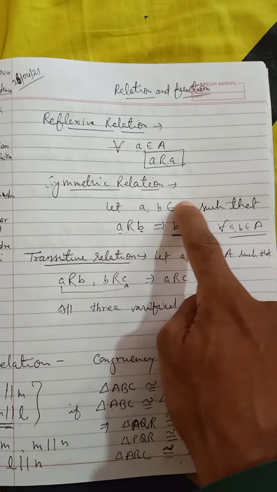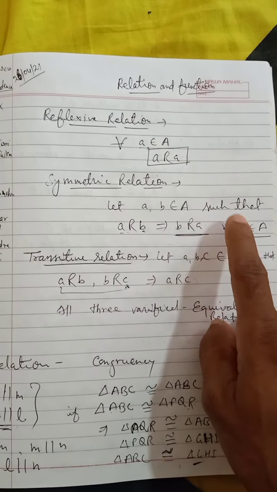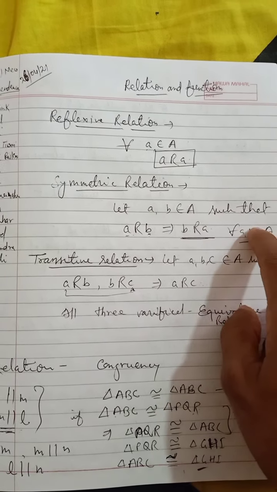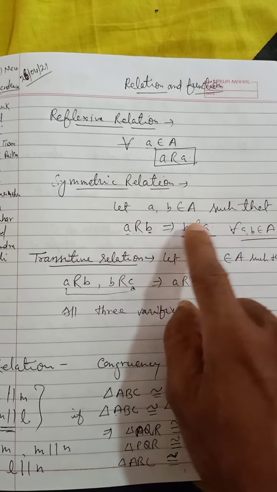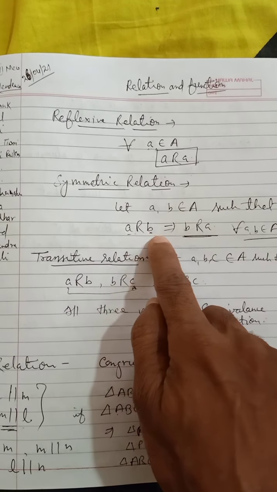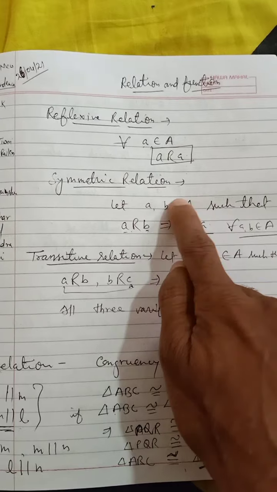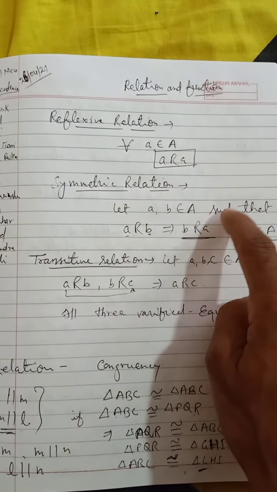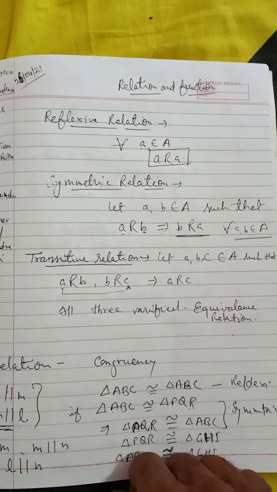When it is verified, then it is said to be a symmetric relation. For all a, b with a related to b, we check b related to a also. If b is related to a, then that relation is symmetric.